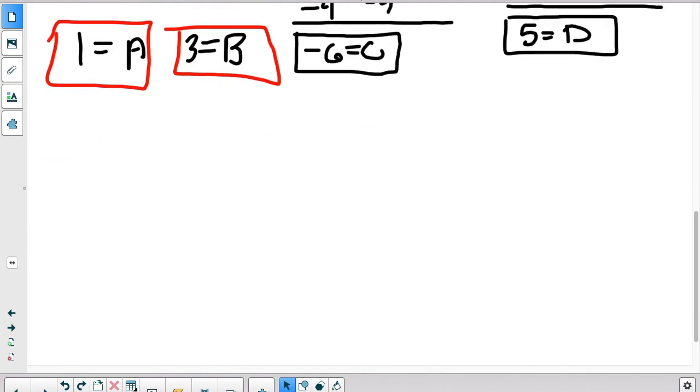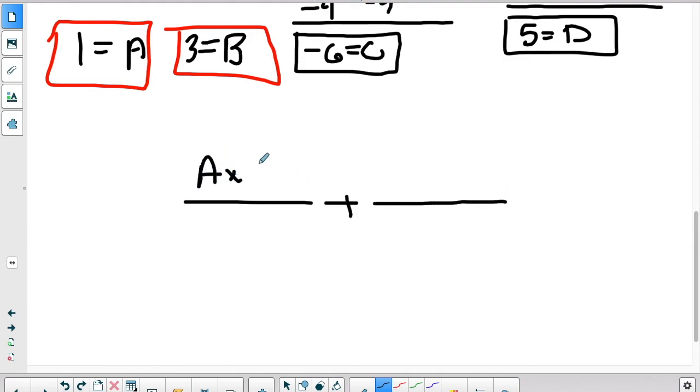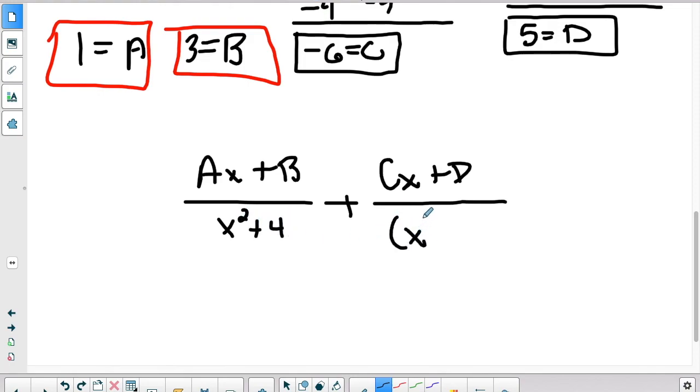Now our original partial fraction decomposition had two fractions, ax plus b and cx plus d over x squared plus 4 and x squared plus 4 squared.